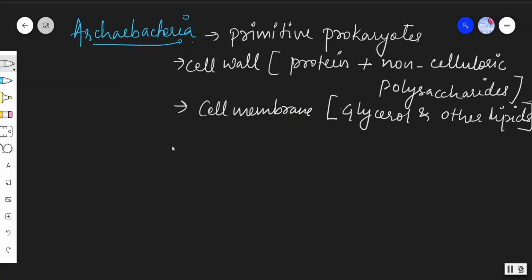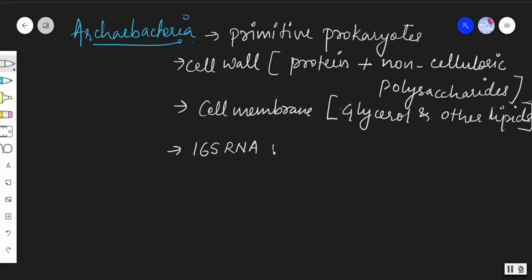Now, why is this group so unique? Because they have an RNA which is 16S RNA, which makes this group unique.